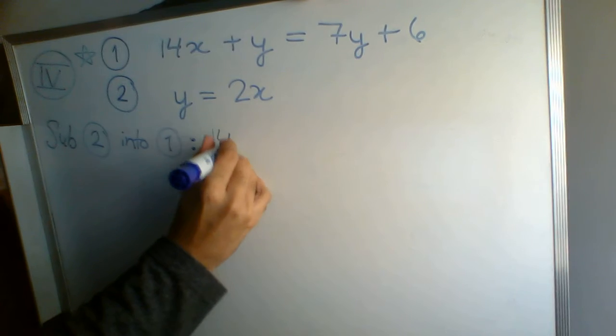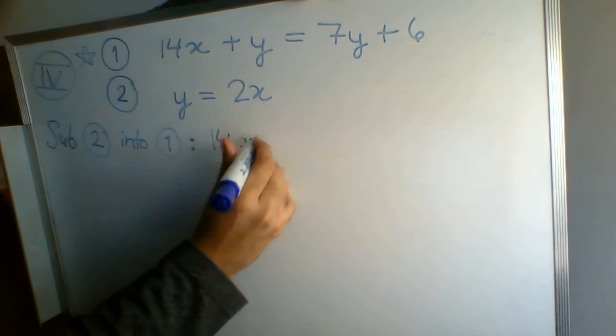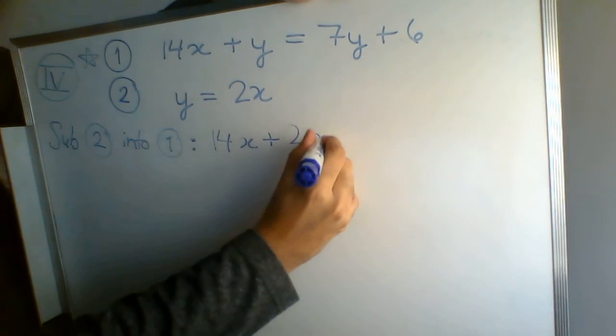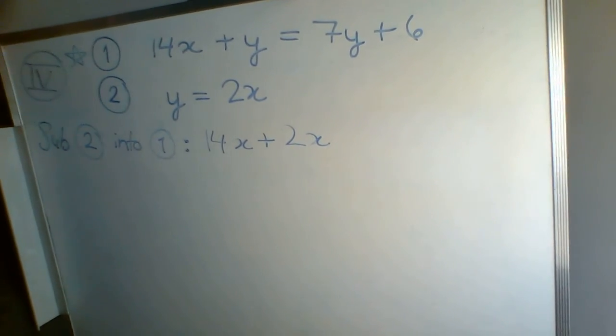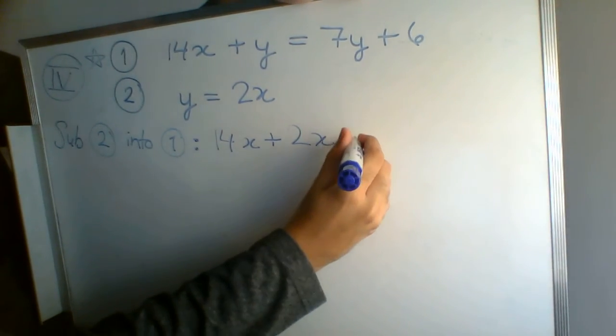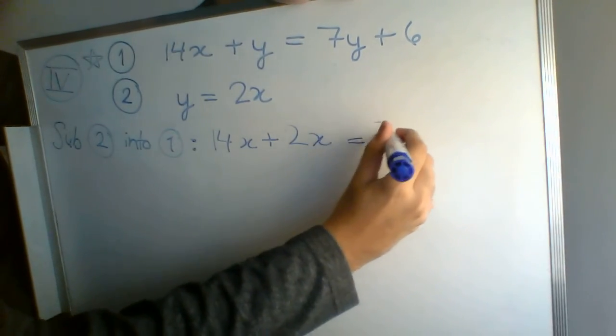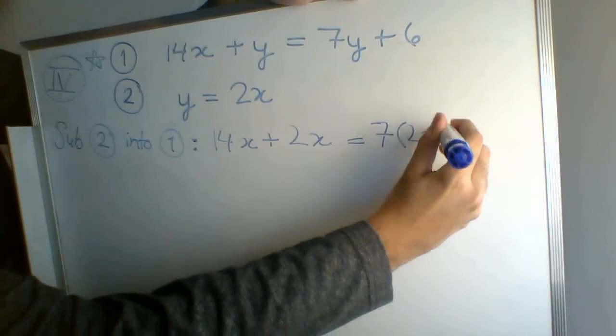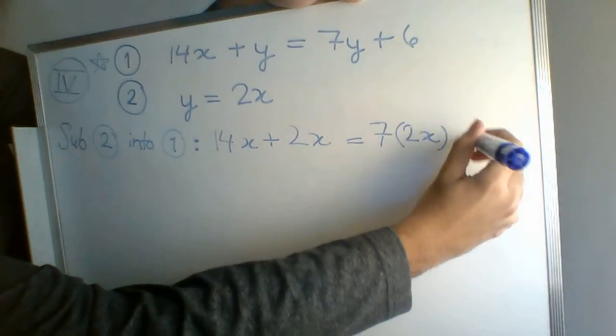So the first term doesn't change, I'm still left with 14x, but then I've got plus y, so that is going to become plus 2x, and then that's going to equal 7. Well, it was originally 7y, so now it's going to be 7 times 2x, plus 6.